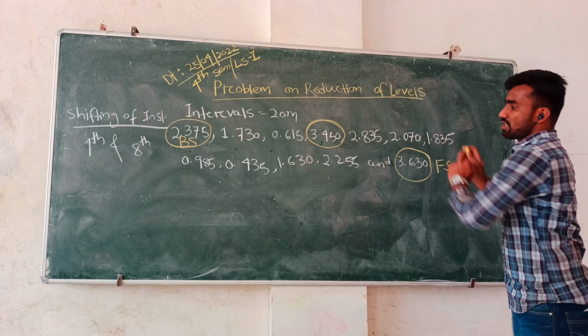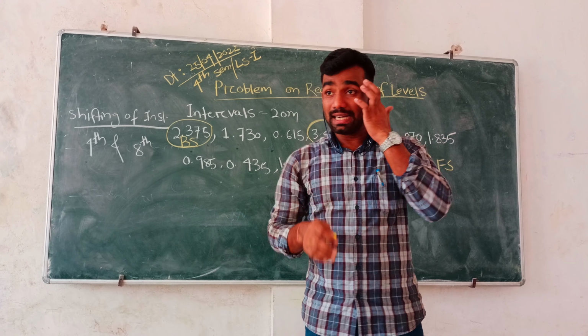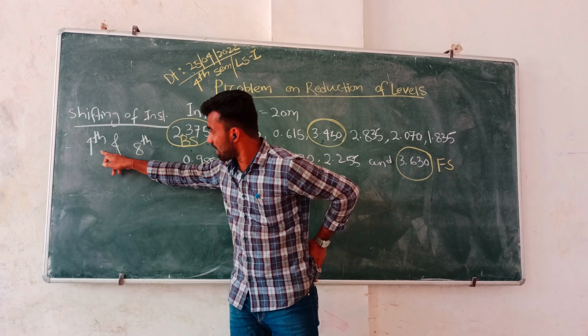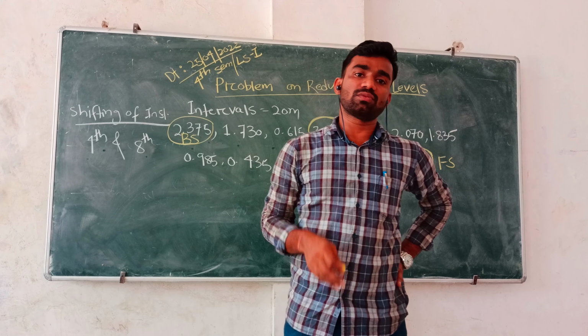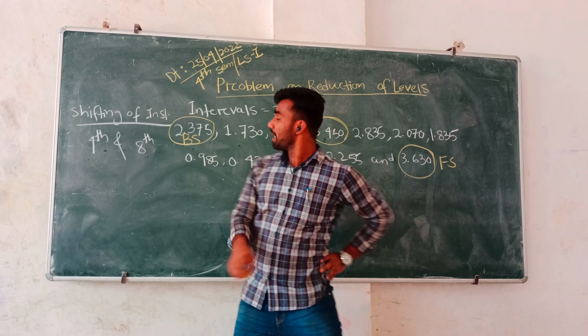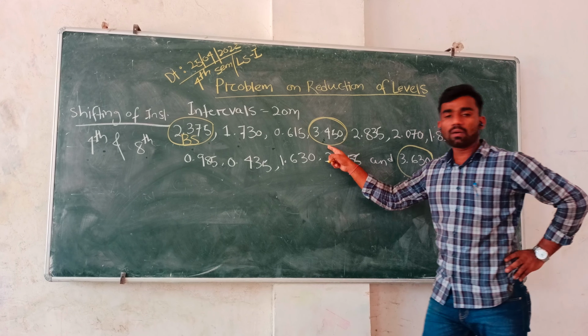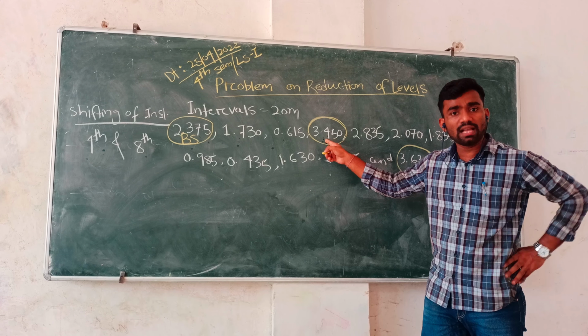Next you shift to station 2, and there is a change point at station 3. After the fourth and 8th readings, the instruments are shifted. So this is the last point for the first setup, and that means it will be a foresight.